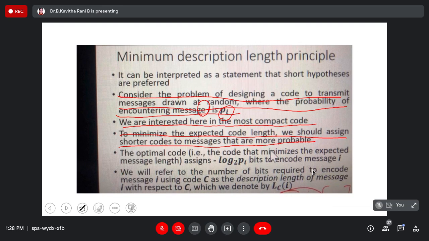So the most probable words we consider in telegrams, we assign them short codes. Rare codes we can assign as they are. Rare codes means for "start" we cannot use any other word, but for "immediately" we can use "quickly" or "fast". So, messages that are more probable, assign shorter codes to them.